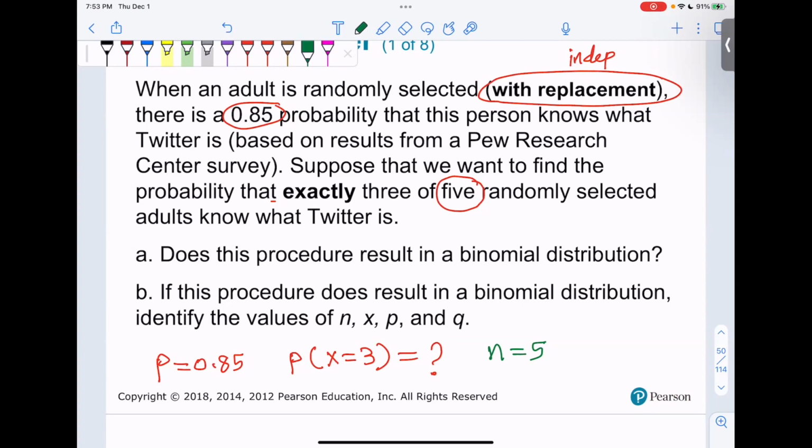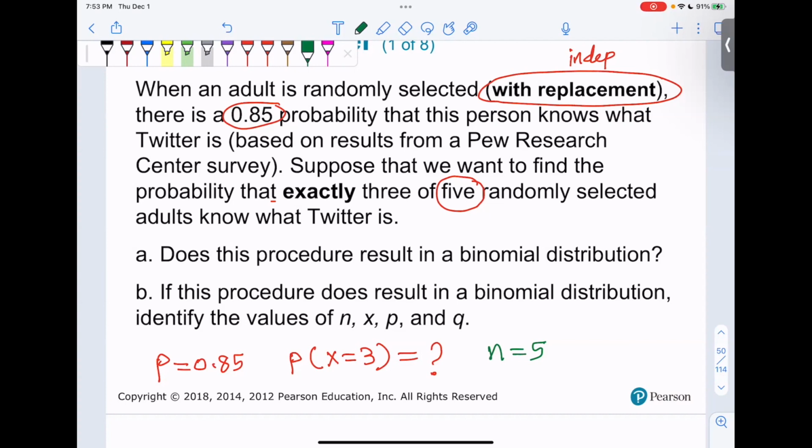The fourth one is that the probability of success is exactly the same from trial to trial, which is yes, right?